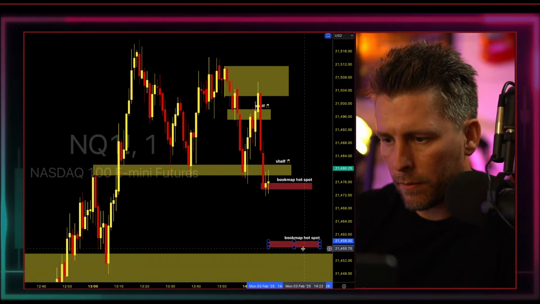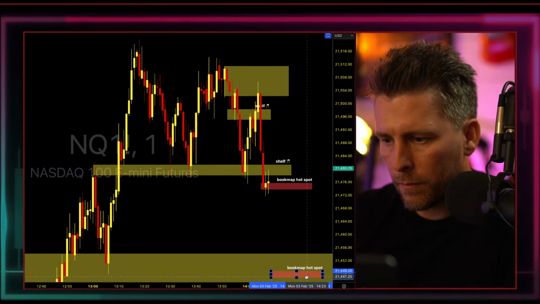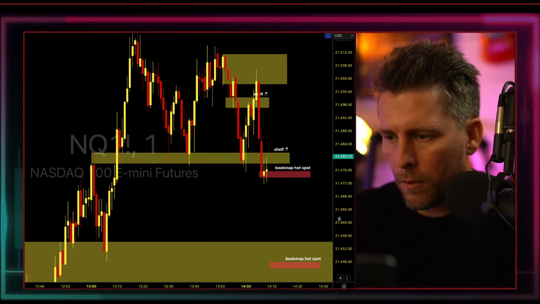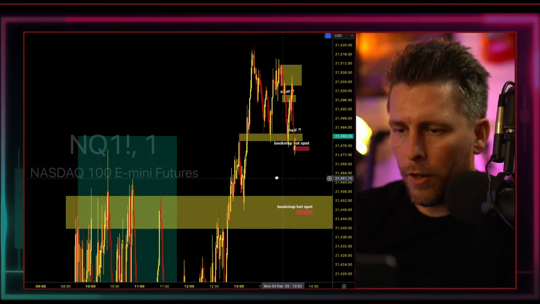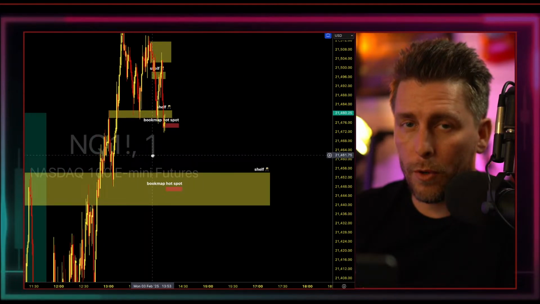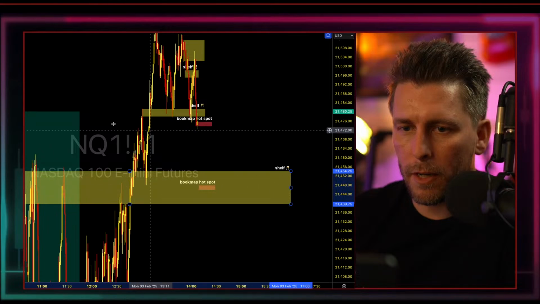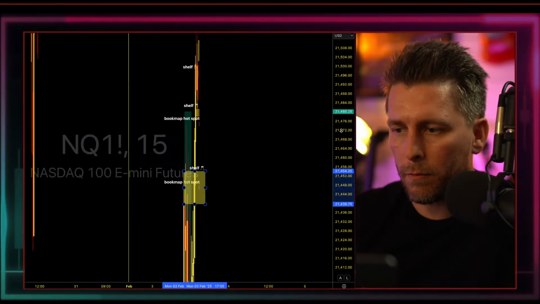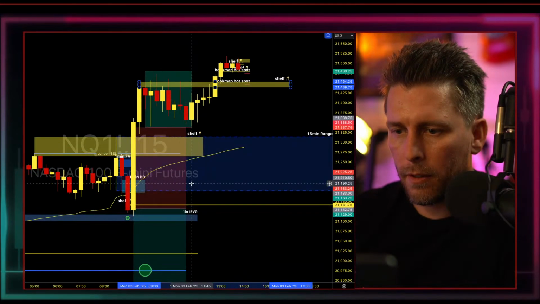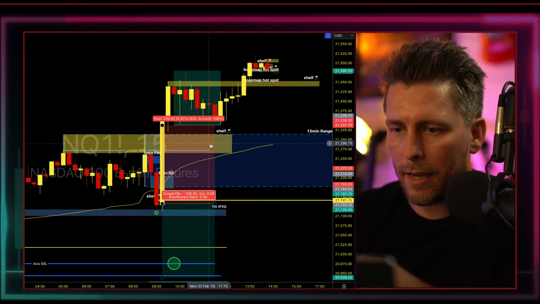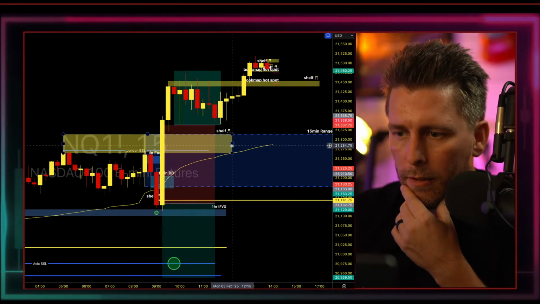Wow. Could it be that she's going to the 15-minute shelf like I had marked? Look at this. Here's the 15-minute shelf. If I go to the 15, that's going to look just like perfect. The analysis there just looks nice. Look at that.